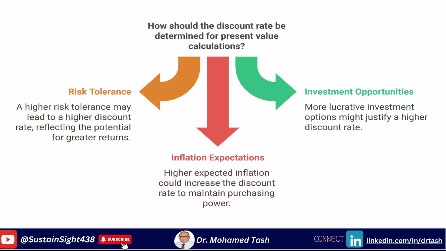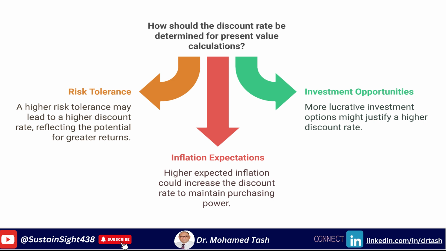Now it's important to understand that present value is a concept rather than a strict mathematical law. The discount rate R is somewhat subjective. It depends on factors like risk tolerance, investment opportunities, and inflation expectations.